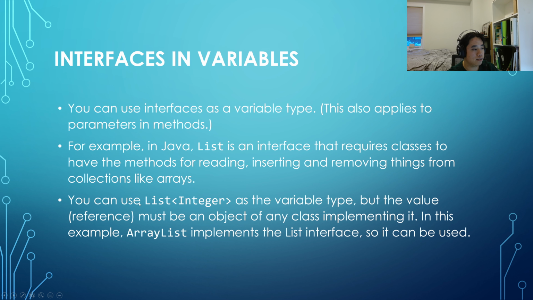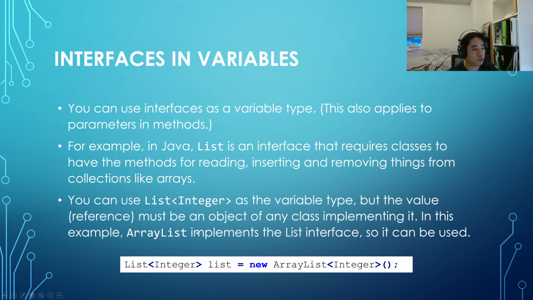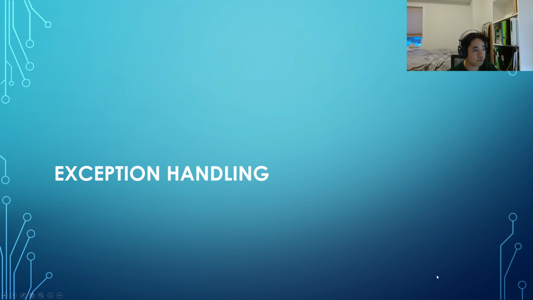So in the data type portion of the variable declaration, I can use List, maybe a list of integers, as the variable type, but the value or the reference must be a legit class that implements this interface. For example, I can use ArrayList, and that works. Just make sure that the type of things to store are the same. So in our case, I would use Integer.